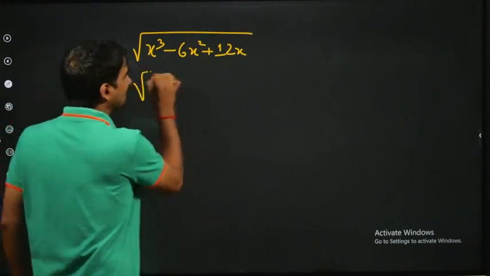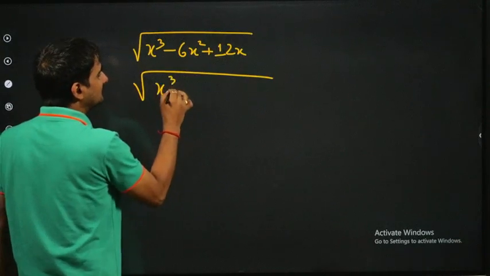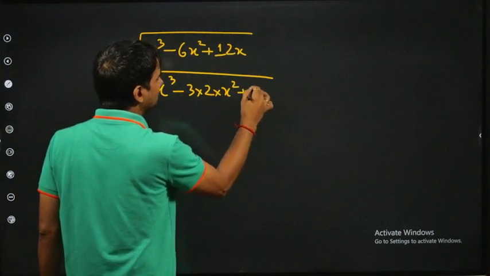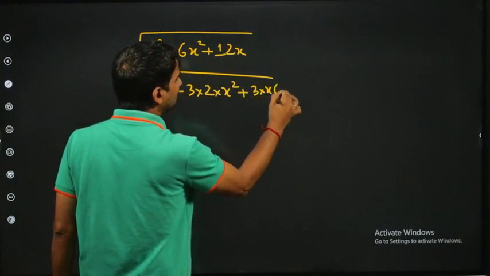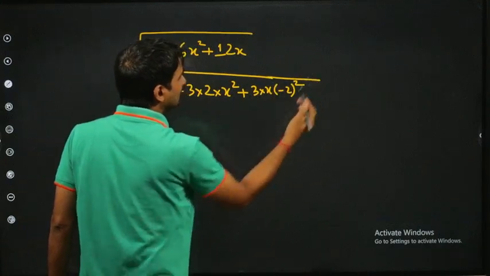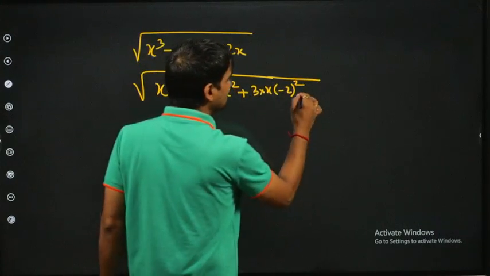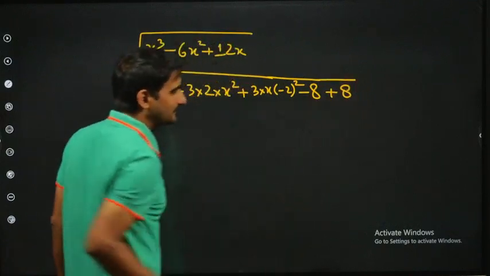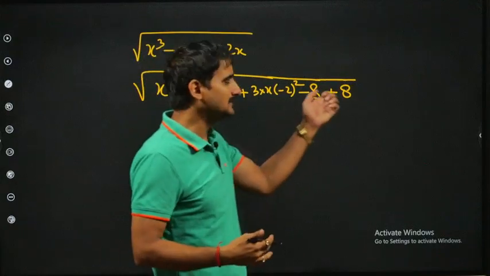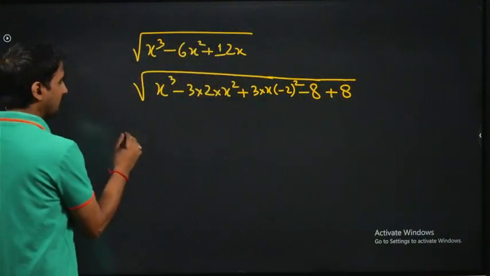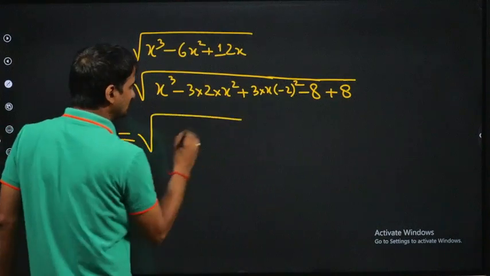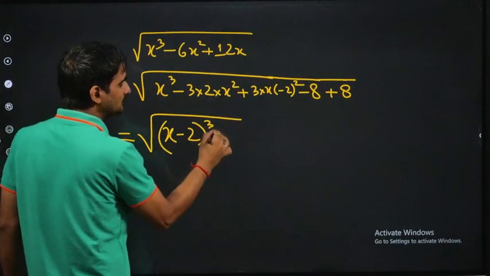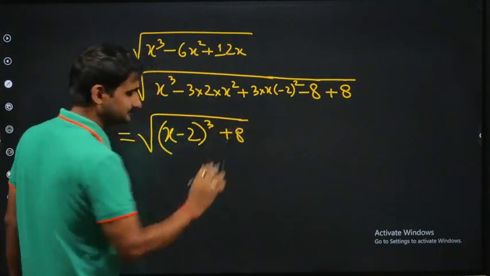So I can write it as x cube minus 3 into 2 into x square plus 3 into x into 2 squared, which is (x minus 2) whole cube. If I add minus 2 whole cube, minus 8, of course then we have to balance it out, so minus 8 plus 8. So this is nothing but square root of (x minus 2) whole cube plus 8.